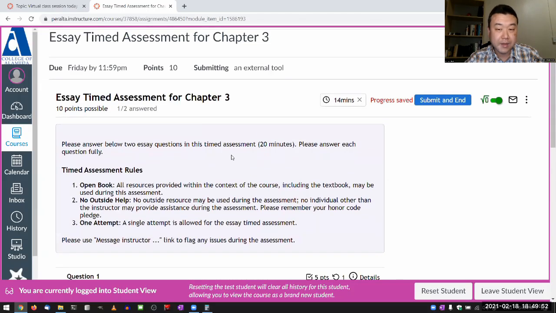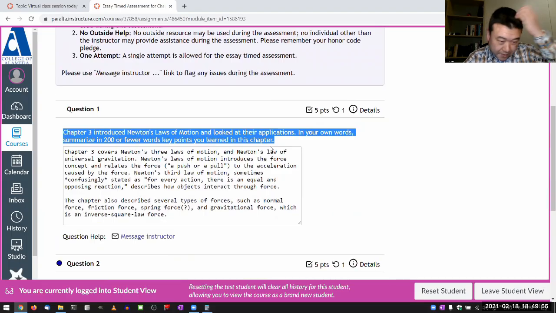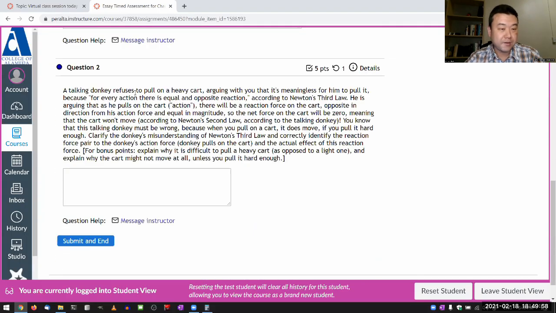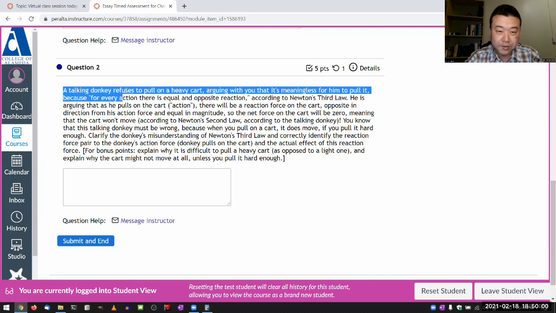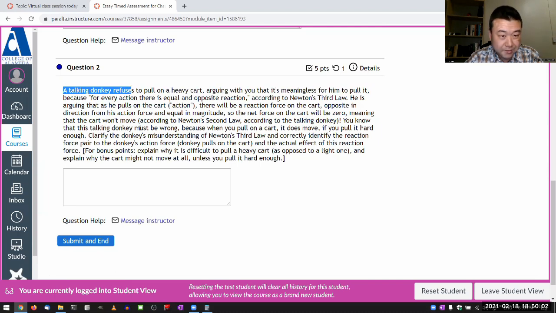Yeah. So now I have 14 minutes remaining for the remainder of the essay assessment. I got the question about the talking donkey, and I guess I'll read it out loud. Talking Donkey refuses to pull on a heavy cart, arguing with you that it's meaningless for him to pull it because for every action there is an equal and opposite reaction.